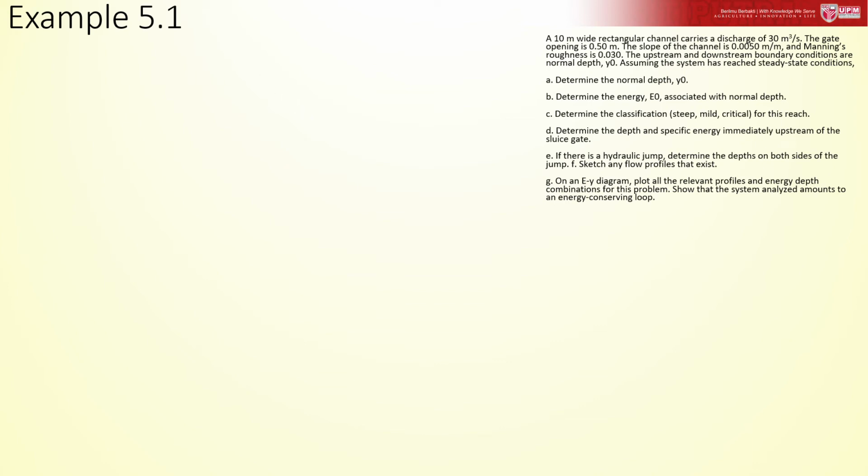Okay, so now this is part 2 from example 5.1. So we are now at question D. We have to determine the depth and specific energy immediately upstream of the sluice gate.